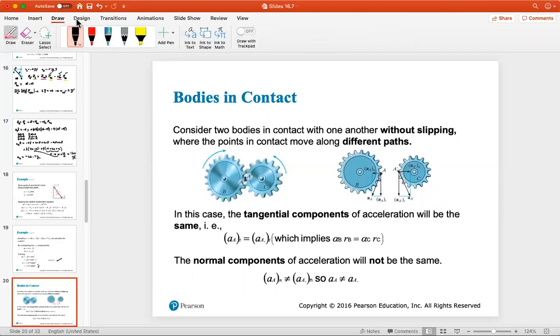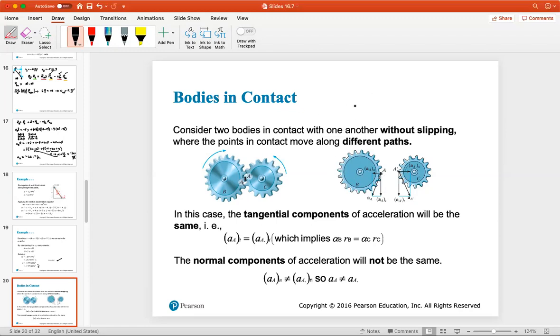When two points are in contact, their tangential accelerations must be the same, but not their normal accelerations. I'm surprised they didn't really spell this out. One important consequence of that is the case where you have two circles, but what if you made this gear bigger and bigger and bigger?